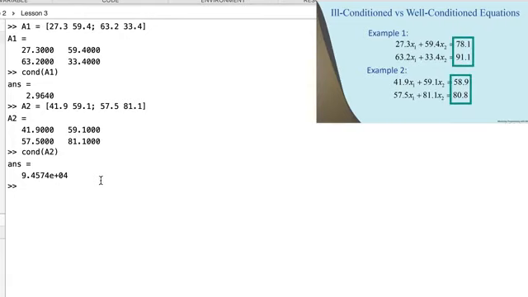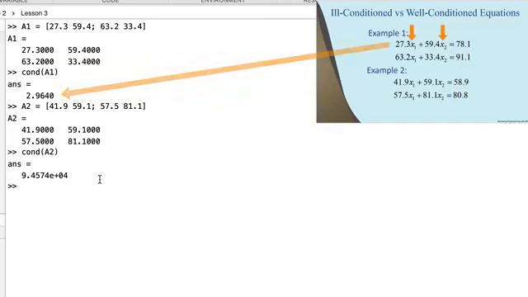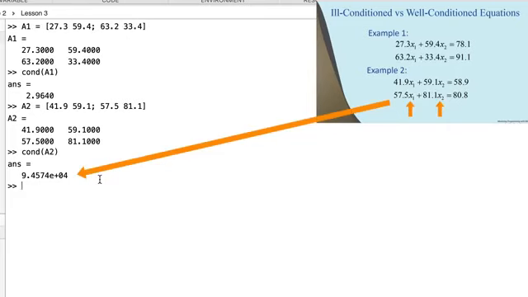So, for example, if the typical error that you would expect in measured values on the right of the equations is, say, 1% for each of these two examples, then the error in the output x for the first example will be no bigger than 2.964%. But for the second example, the error in x could be as large as 94,574%.